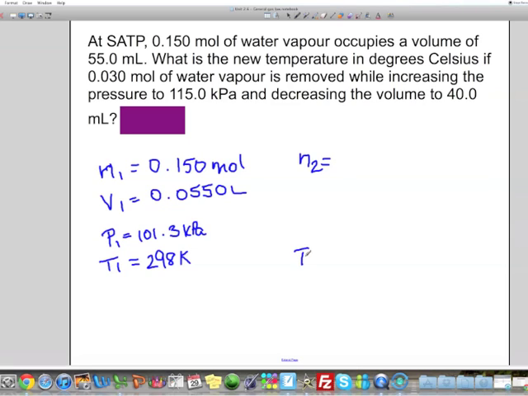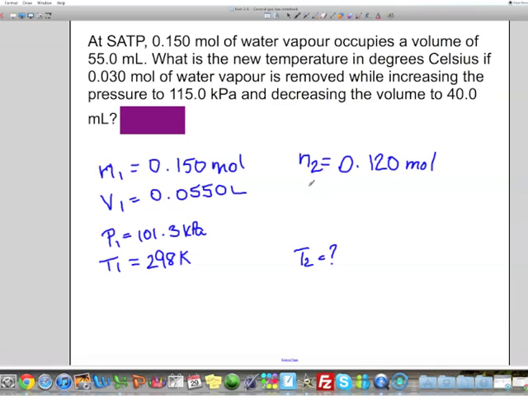So temperature, T2, we don't know what it is, in degrees Celsius, if 0.030 mole of water vapor is removed. So now I have 0.150 mole minus this amount, which gives me 0.12 mole. So 0.15 minus 0.03 gives me 0.12.